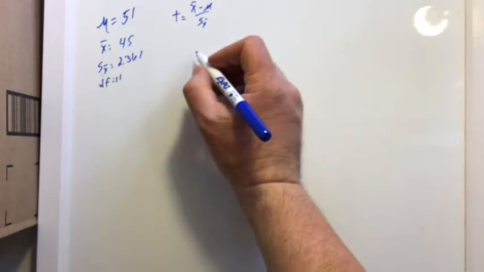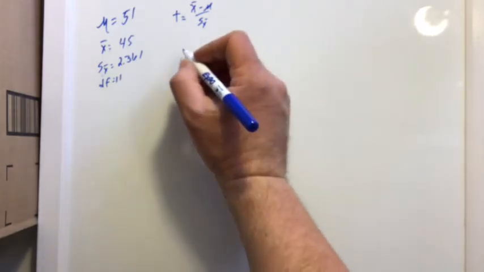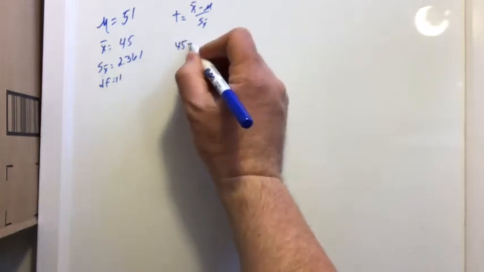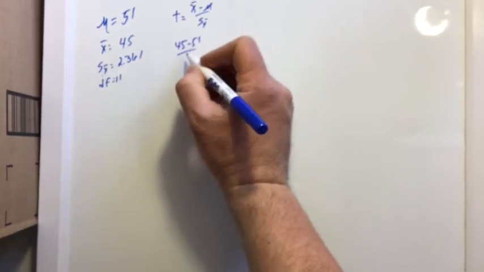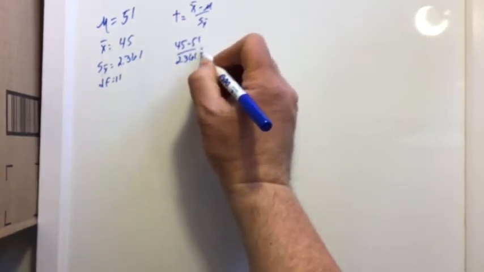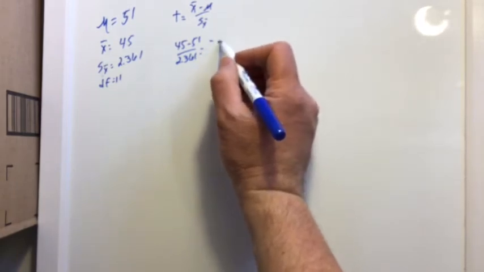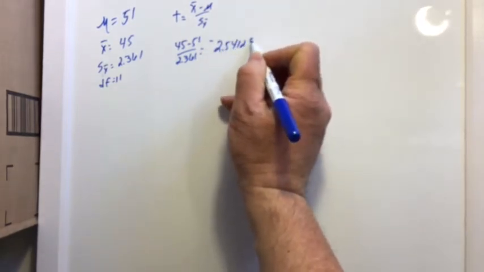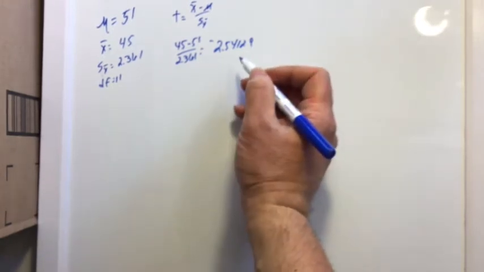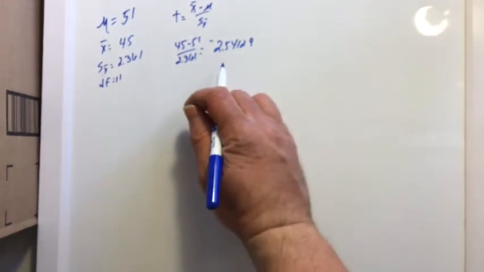So we've got 45 minus 51 divided by 2.361. What do we end up getting there? We end up getting a negative 2.541.